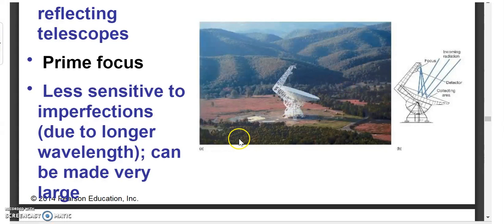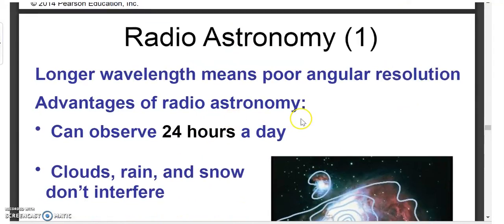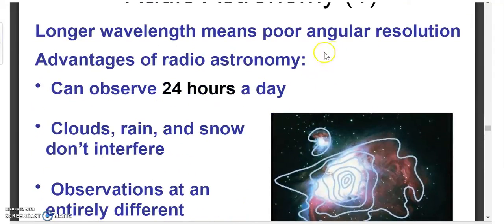but nowadays these types of telescopes are used much more frequently, and lots of them form what's called a large baseline. In fact, there's probably a picture of it right here. All right, so anyhow, of course you get really poor resolution because they're much longer waves. But the nice thing about radio astronomy is you can look anytime.